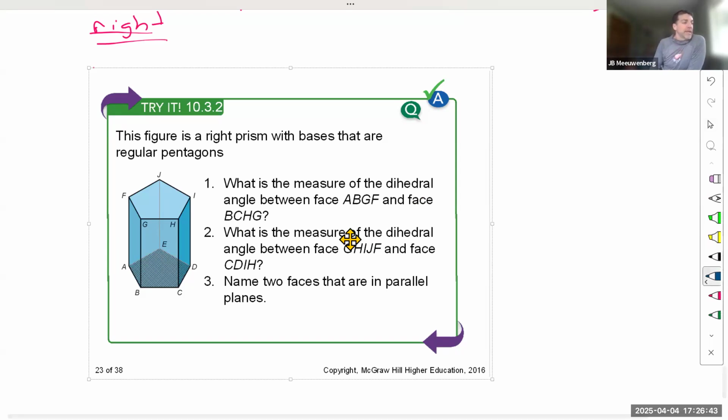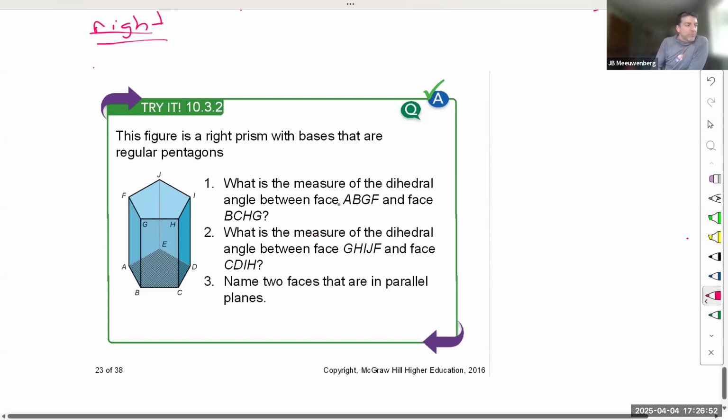Take a moment and answer these three questions, and note that the way we would label a face, meaning one of the flat sides, is with the letters at each vertex. See if you can answer those questions.